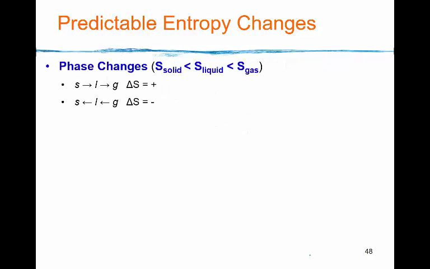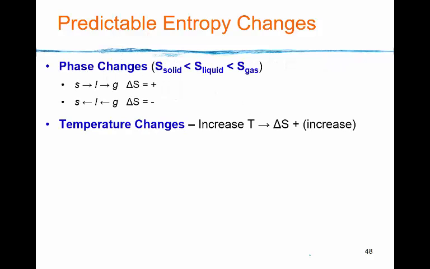Now, what we're using this for is, remember that entropy will increase as you go from a solid to a liquid to a gas. It will decrease as you go back the other way, from a gas to a liquid to a solid. So we can predict phase changes with this.